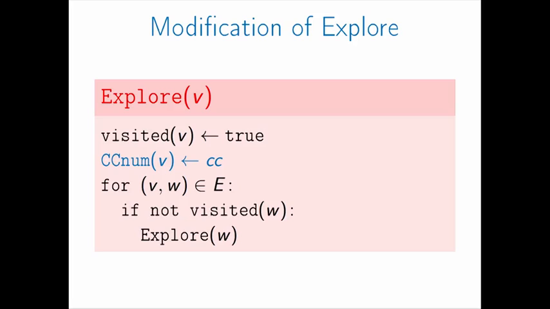Okay, so how does this work? Firstly, we modify our explore procedure. We visit the vertex. We also make sure to visit all of its neighbors, but we also assign the vertex a number corresponding to its connected component, this CC number. Now, this variable CC is not going to change as we make these recursive calls to explore, and so everything else that gets found in the same explore will all get assigned the same number.